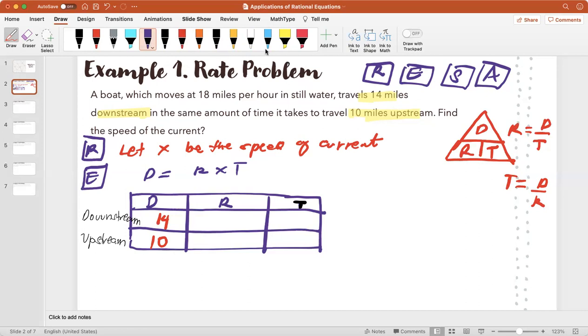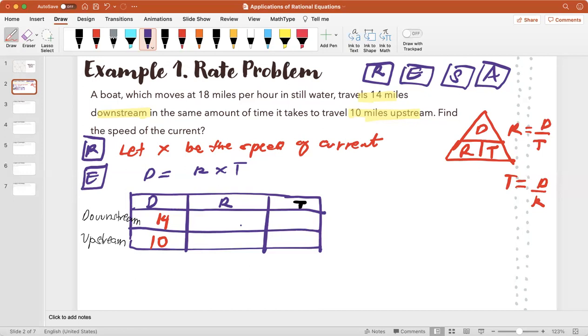For the rate, a boat which moves at 18 miles per hour in still water. So that's the rate of the boat in still water, right? So what's the rate of the boat going downstream? It would be 18 miles per hour plus the current, right? So when you go downstream, there will be two speeds that will make you faster.